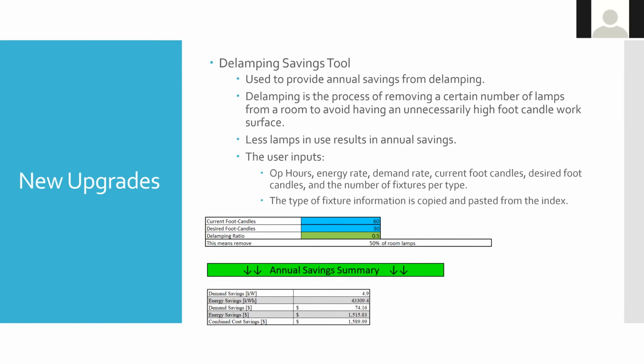In this example, as you can see at the bottom, the current foot candles is 60. If you have a desired foot candle of 30, which is, let's say, the required amount, you would have a delamping ratio of 0.5, which is basically 50% less watts in that room. With that info, you can have the annual savings summary. And in this case, it's quite a good amount.